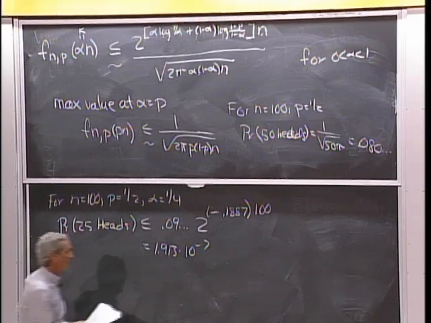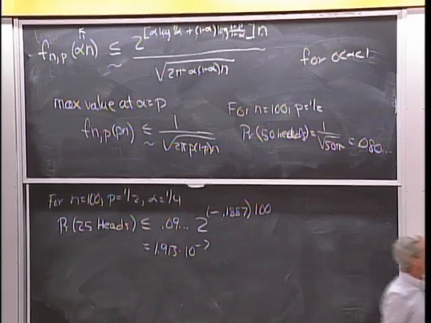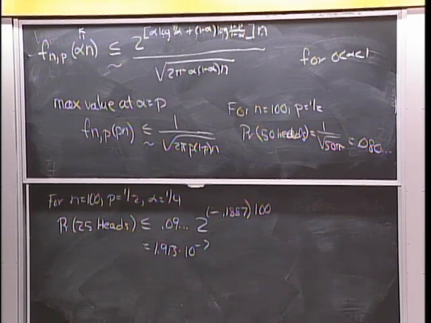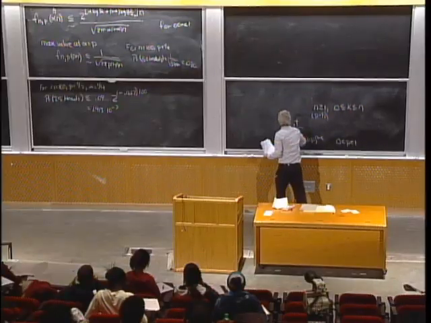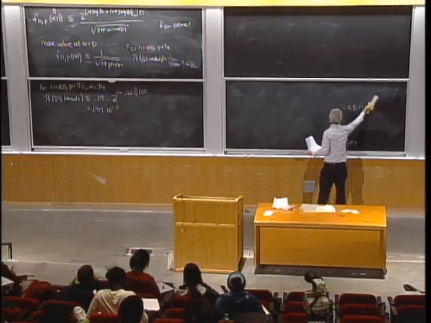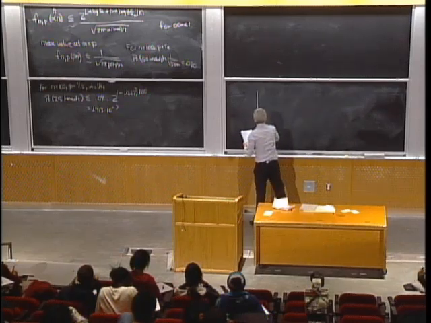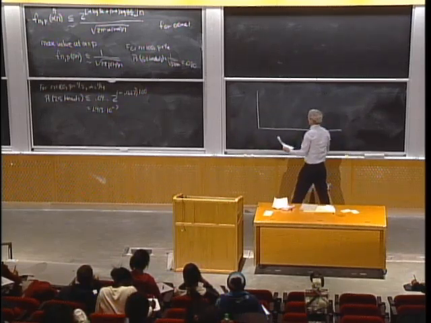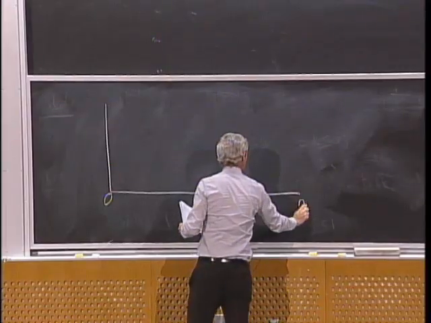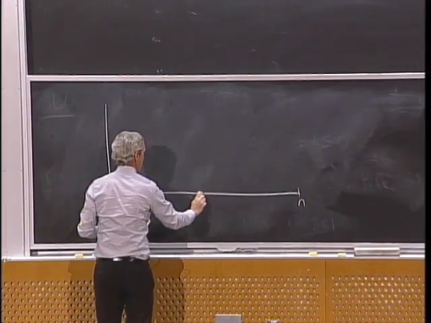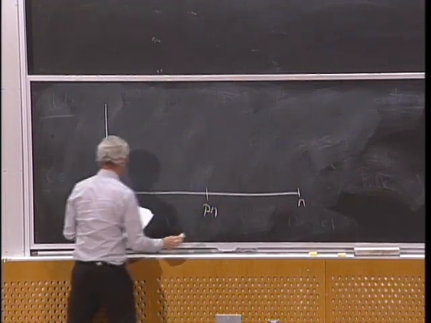In fact, if you were to plot the binomial distribution function, it looks something like this. All right, so I have 0 to n, and then I have pn, which is the maximum.